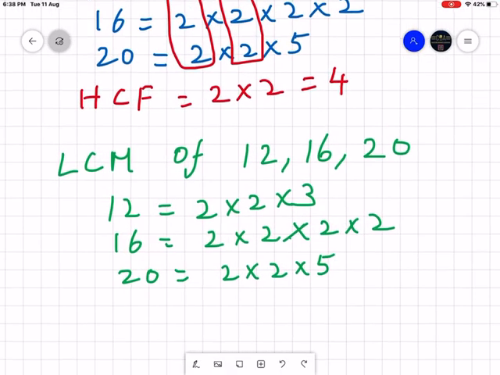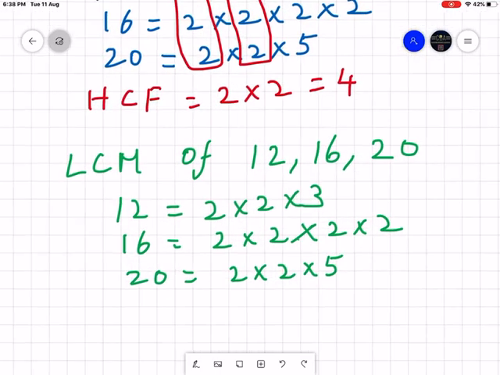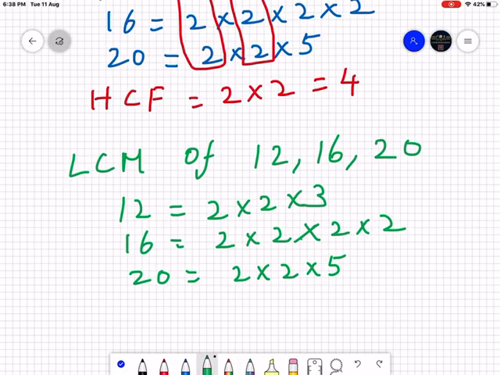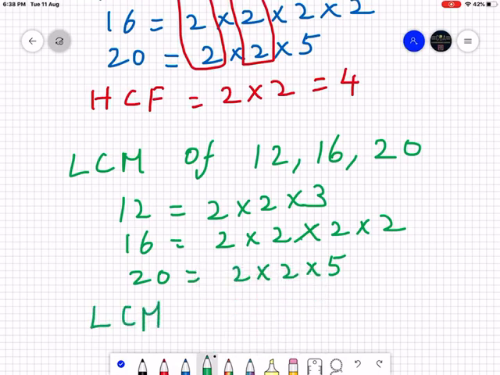Now the difference will come when you have to find the LCM. For finding the LCM, look at the common factors. You see that 2 is appearing in all the 3 numbers: in 12 there is 2, in 16 there is 2, in 20 there is 2.